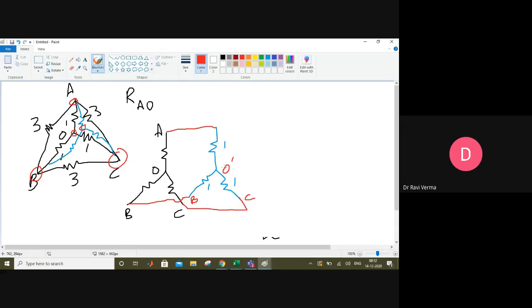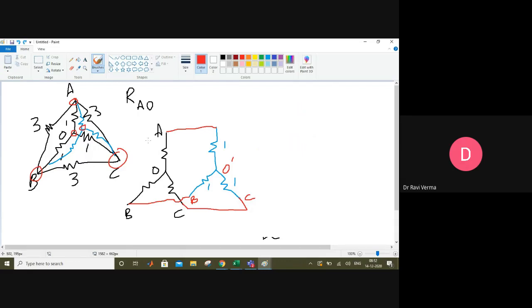These 2 points are not joined, because if you see the star to delta connection, when the question was given in this form, this was one resistance, and this was one resistance, and in between we have a star connection. One resistance here, one resistance here, and one resistance on this side. So you can see here also, although these 3 junctions A, B, C are joining, the midpoints are not joining at all. So even when we convert star to delta or delta to star, we cannot join this middle point. Okay, so the middle points are mutually exclusive, independent of each other. They are not in contact with each other.